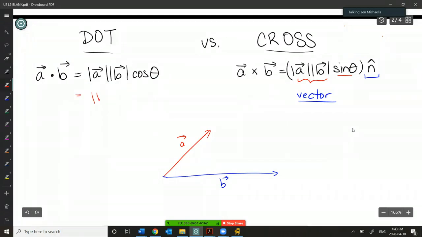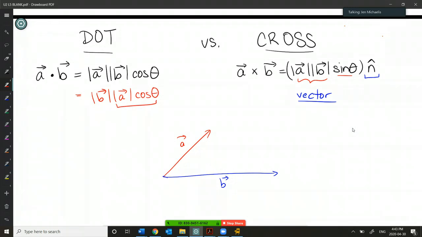If I rearrange it into B times A cos theta, what we said was that this little part here is actually the part of A that goes in the direction of B. So if we imagine some sun rays shining down perpendicular to B, the shadow that's cast is actually this part, A cos theta.